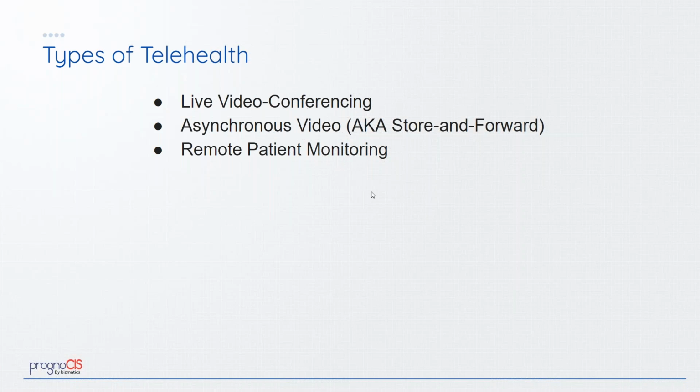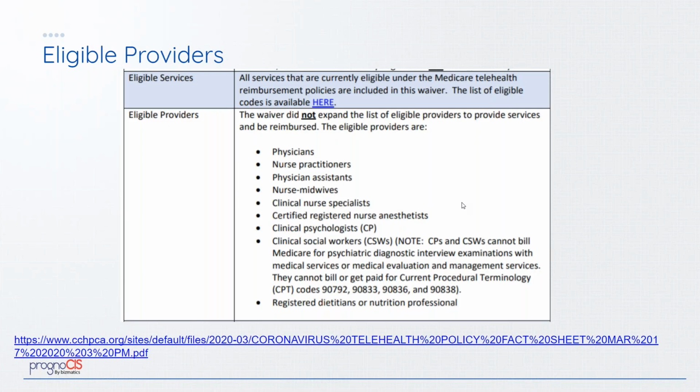So it's not exactly face-to-face. And then remote patient monitoring. The eligible providers to perform this service are physicians, nurse practitioners, physician's assistants, clinical nurse specialists, psychologists, and social workers.